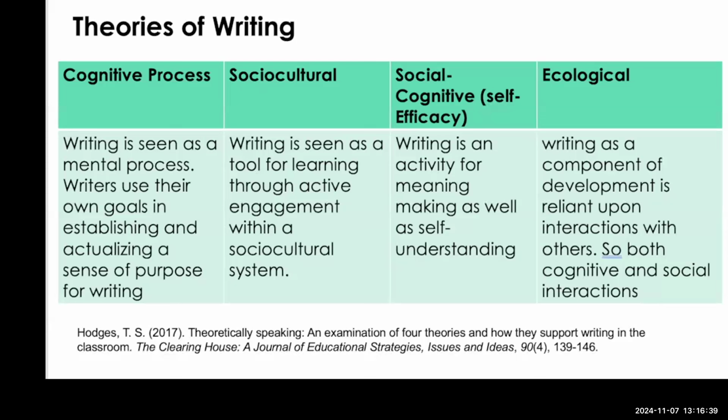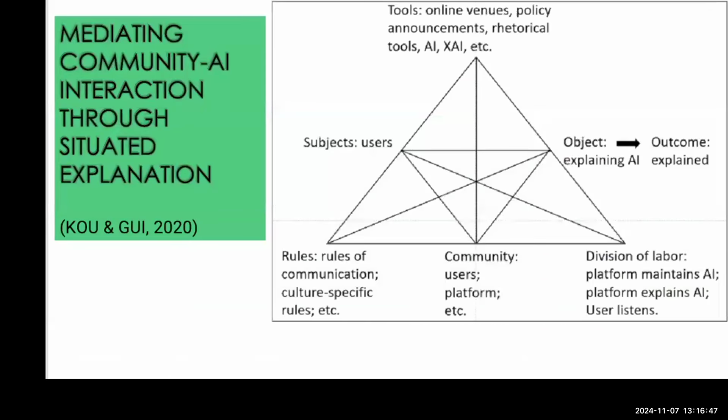And I'm minded that we mentioned earlier that we're using tools. I just put in this one here because I love activity theory, which looks at the whole idea of tools that help us to write. And if we can see here, AI from Ku and Gu is seen as a tool.